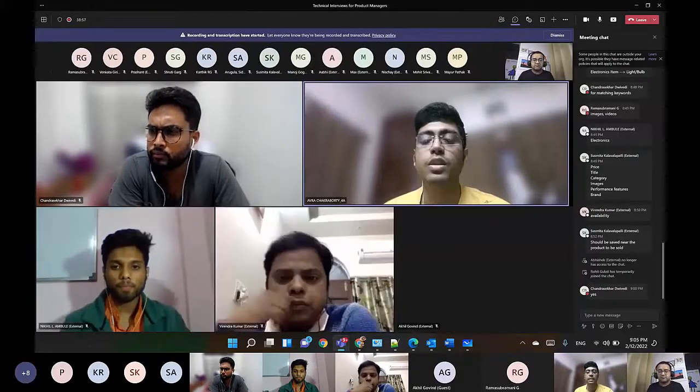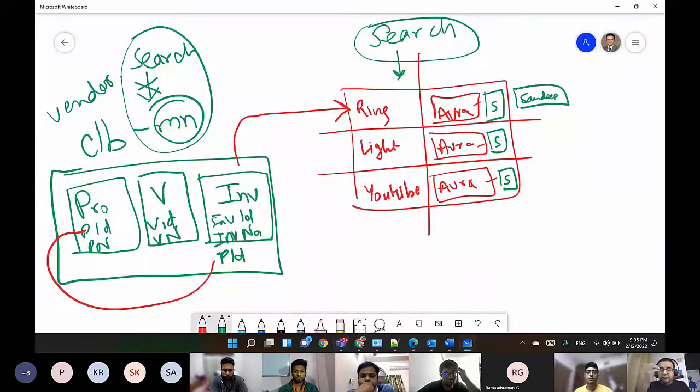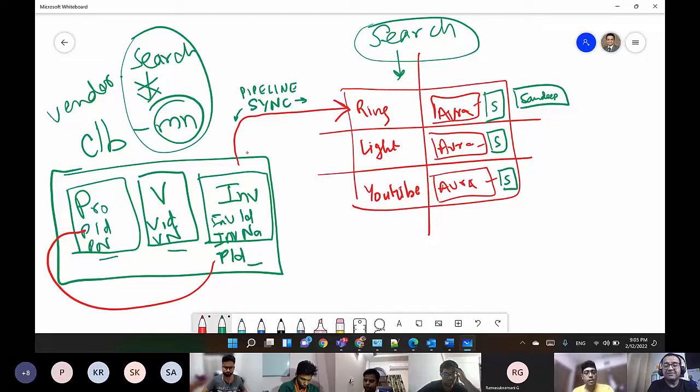Do we use a pipeline? There you go. Wherever you have to think about writing some sort of code, build a microservice. Since we use the word sync, let's call it the sync microservice, which maybe invokes a pipeline in the backend that makes sure whatever data is uploaded here becomes in sync with this search index.